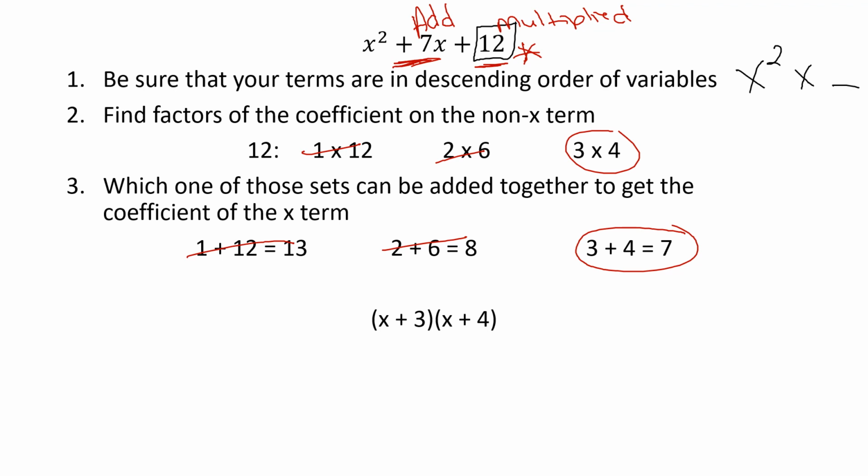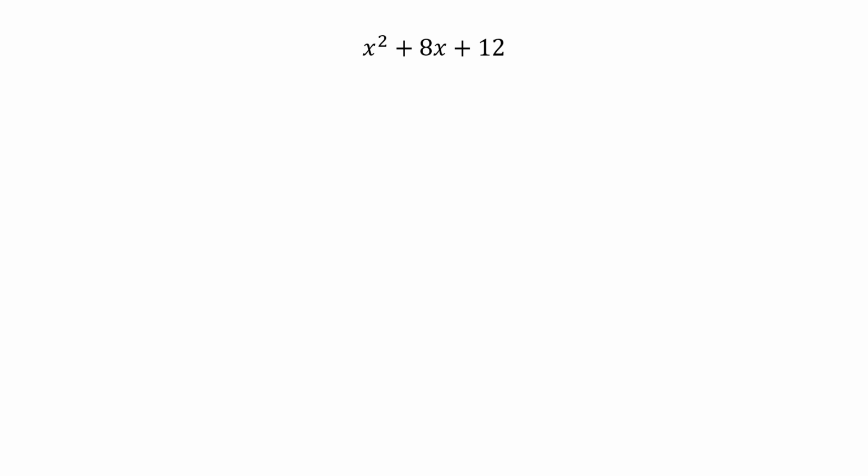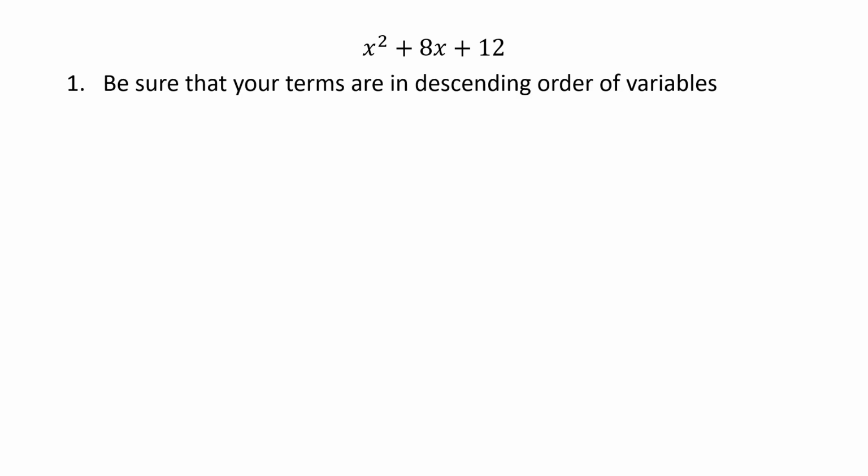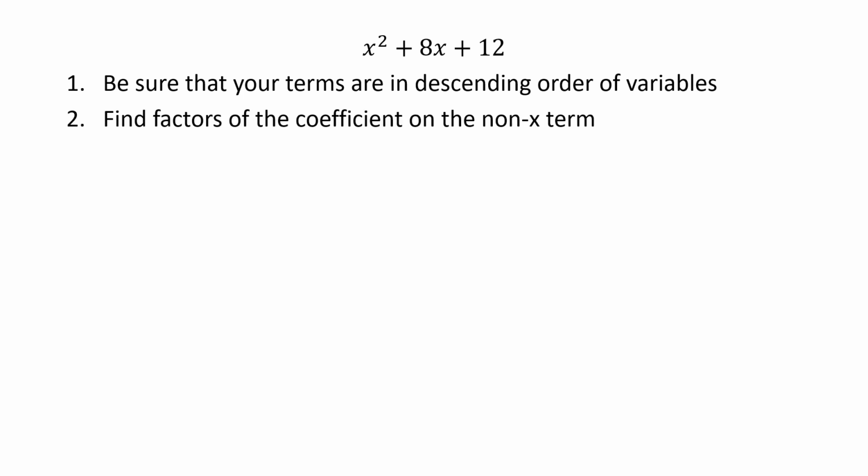And hopefully now that you've seen that, you kind of remember at least a little bit from doing it last year. We'll see. Let's look at this one. So it's x squared plus 8x plus 12. Step 1, is it in the right form? Is it in the right order? Descending order of variables: x squared, x, no x. And I'm there. And now we find factors of the non-x term. It's 12 again, same numbers.